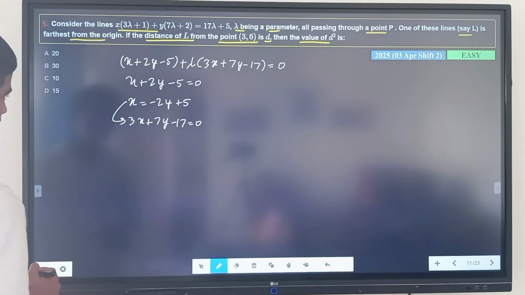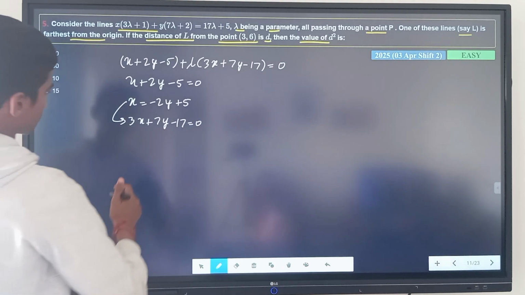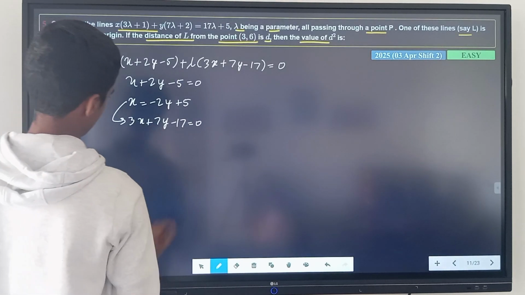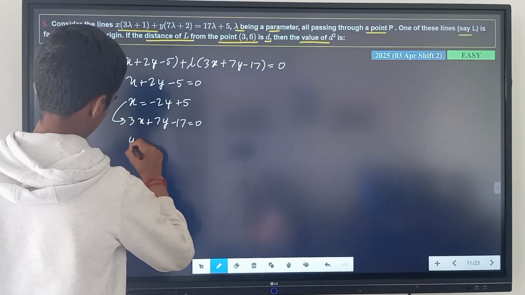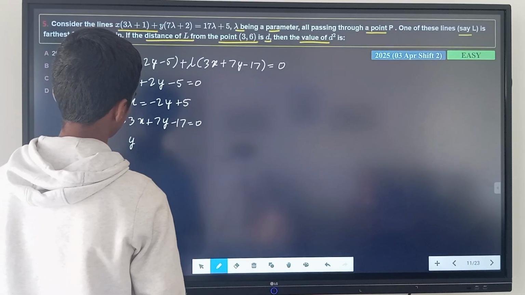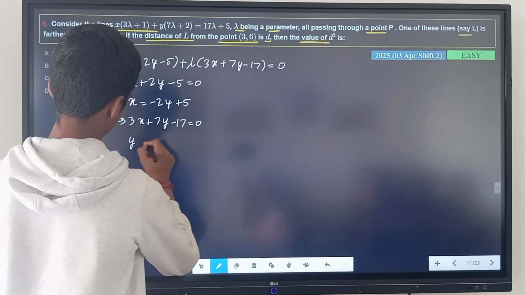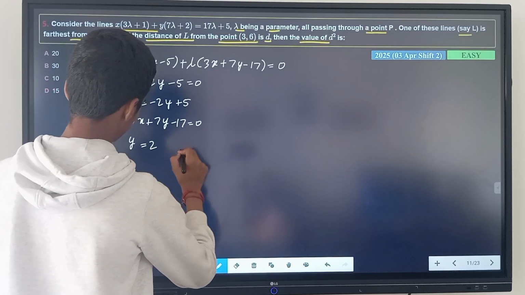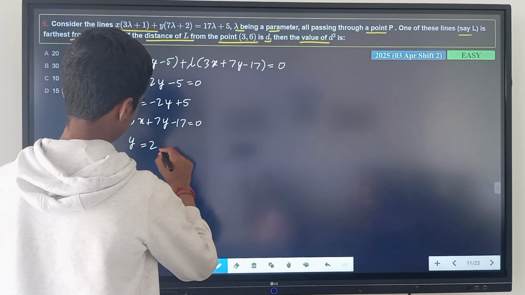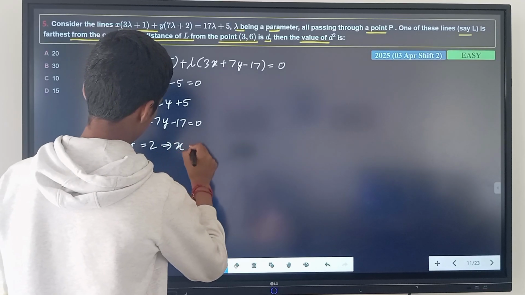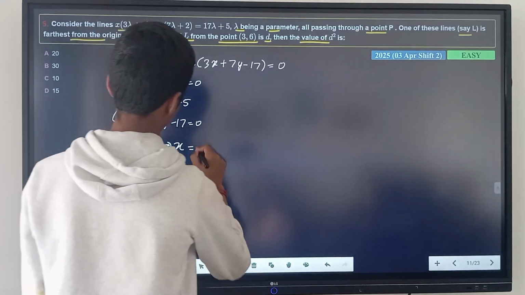Then we will get minus 6y plus 7y, which is y, plus 15 minus 17 is equal to 0, so y is equal to 2. Y is equal to 2, then from here x is equal to 1.